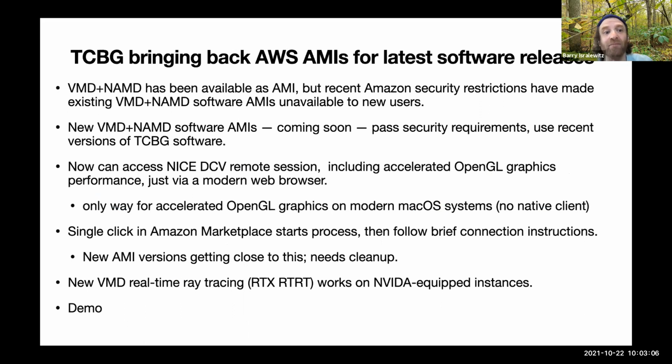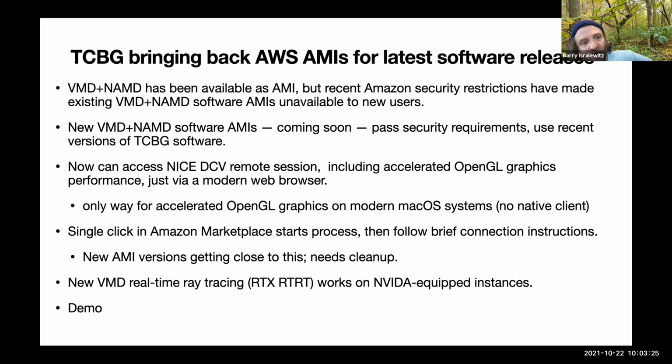Right, so VMD and NAMD has been available in the past as one of these Amazon machine images, but over about the past year, Amazon security restrictions made them not available, so that new users weren't able to use them.